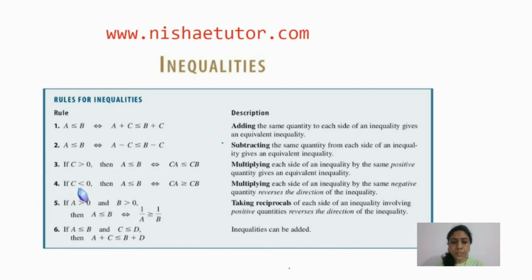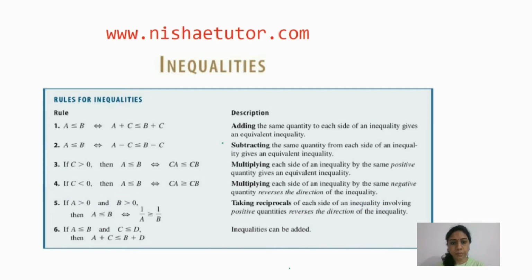If c is less than 0, it means this is a negative number, and if you multiply by any negative number, the inequality sign changes. Remember this: if you multiply or divide by any negative number, the inequality sign changes. This is less than or equal to, now greater than or equal to. So multiplying each side of an inequality by the same negative quantity reverses the direction of the inequality.